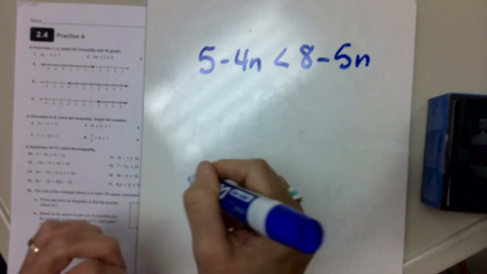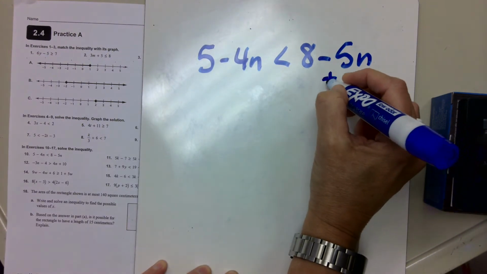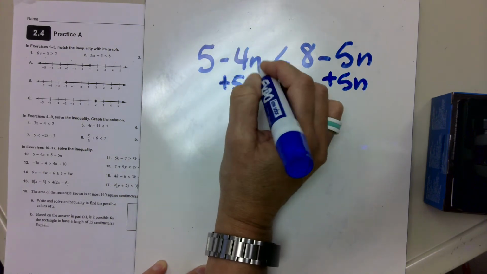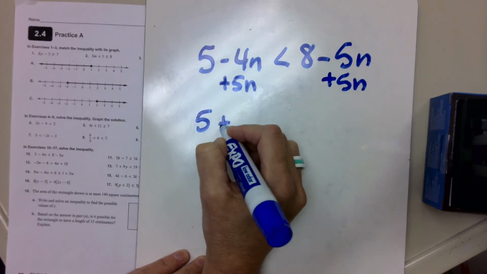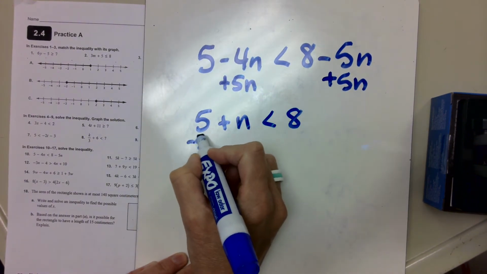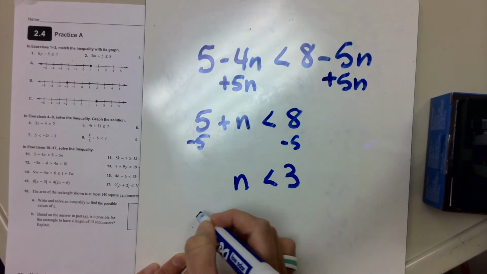So we're just down to getting the variable on the same side. So I'm going to add 5n on both sides because I know then when I add the 5n, I'm going to get a positive answer here. So I'm going to do 5 plus 1n is less than 8. Subtract 5, n will be less than 3. Graph it.